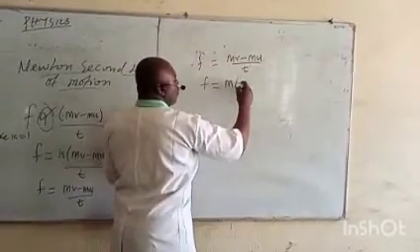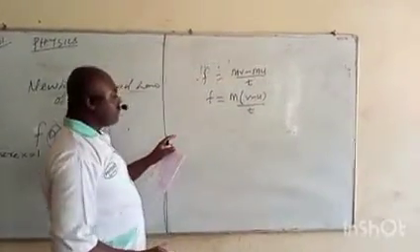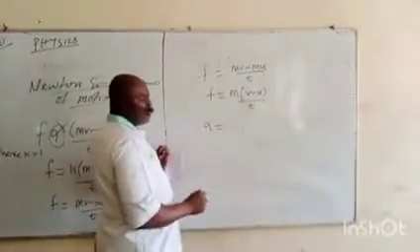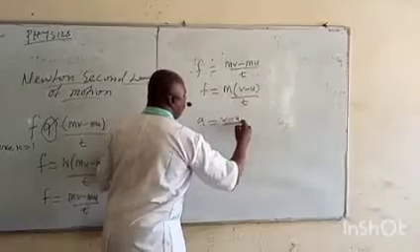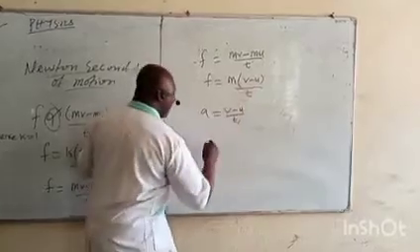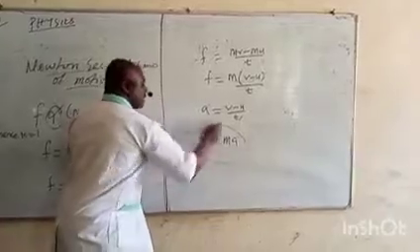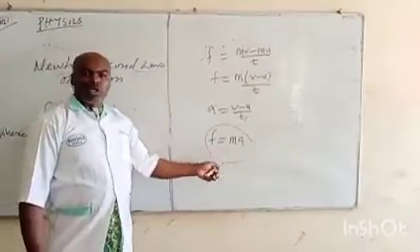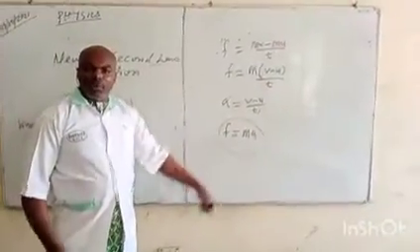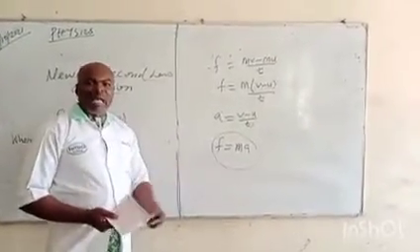And from the definition of acceleration, acceleration is the rate of change of velocity with time, which is (v - u)/t. If we substitute this, we now have F = ma. You discover that this is the formula for force. Newton's second law of motion has given us a formula for force, which is force equals mass times acceleration, the product of mass and acceleration.